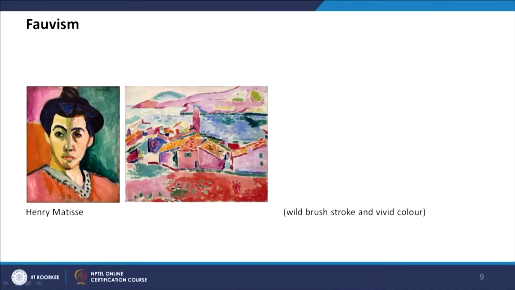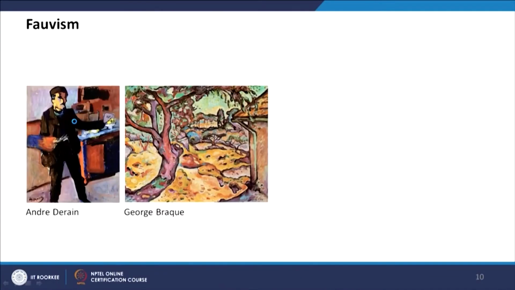The name Fauvism comes from the word for wild beast, so it looks very wild in terms of the tonality of the color, with vivid brush strokes which are visible from far, and the brush strokes are not merged with each other. Some other examples of Fauvist painters.